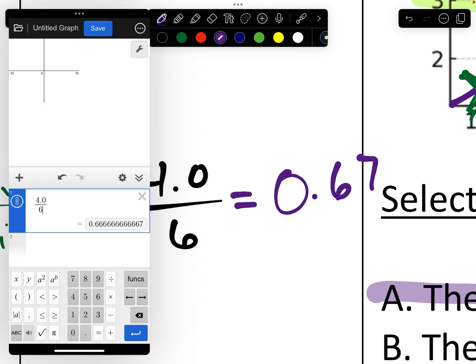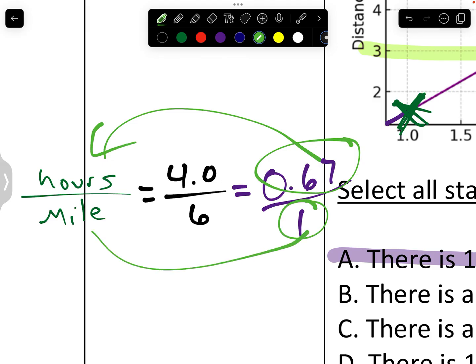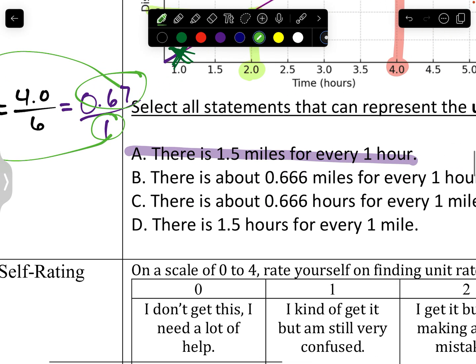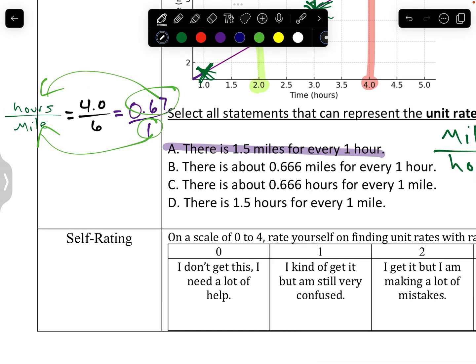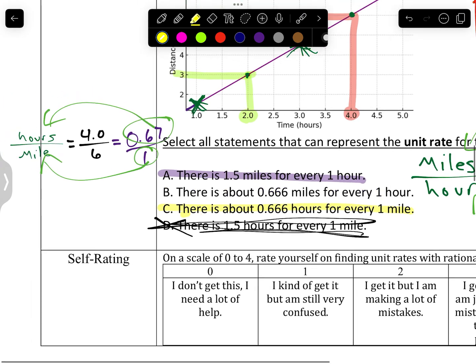So about that many hours every 1 mile. So about 0.67 hours for every 1 mile. Okay, well, let's see which one says that. Well, I mean, the closest numbers to it are B and C. So obviously I know this one's wrong. I already chose the other one. Now, which one says about 0.67 hours for every 1 mile? Because the other one says about 0.6 miles, but that's not on the same side.